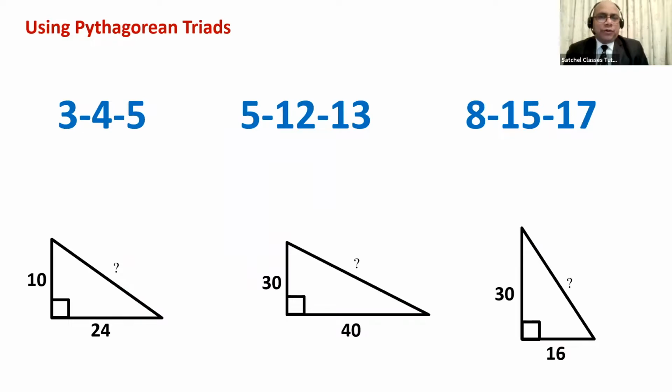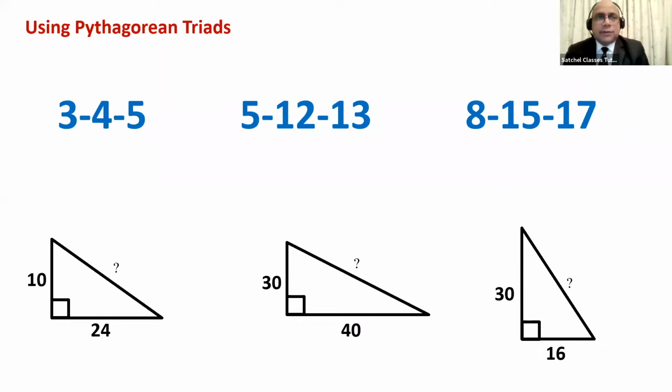So how do we use Pythagorean triads to find the length of the hypotenuse in each of the three triangles? Now, just to remind you, what are Pythagorean triads? Pythagorean triads are a set of three numbers which can form the lengths of sides of a right angle triangle, correct?